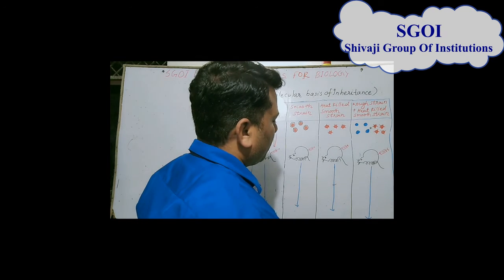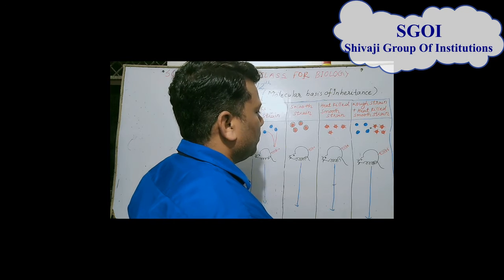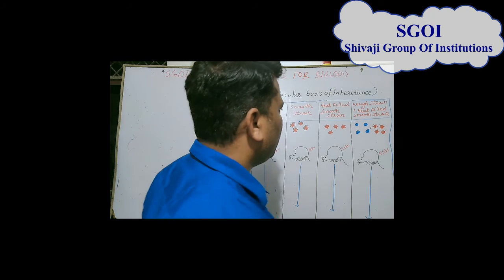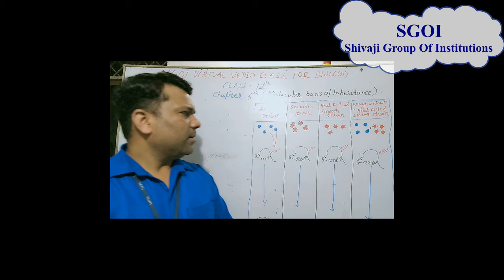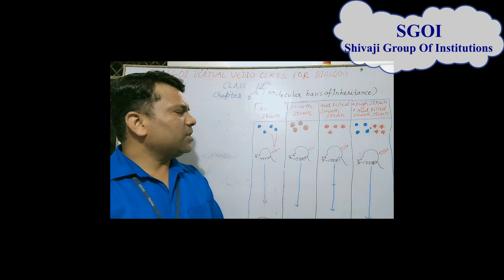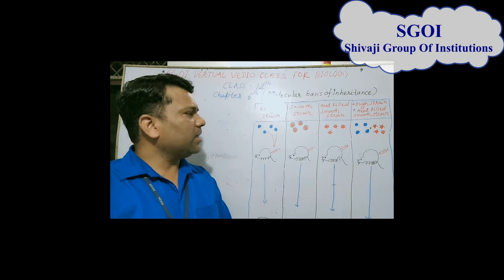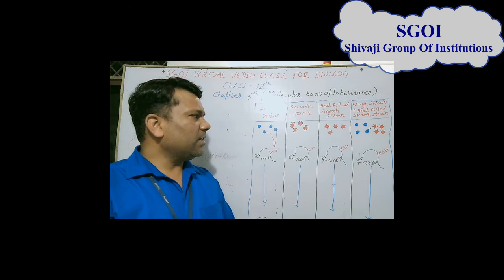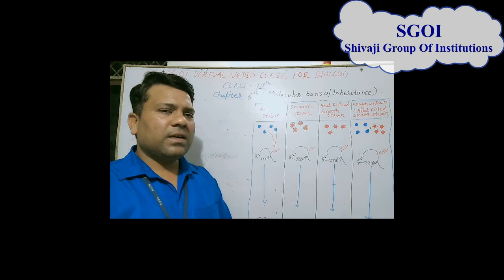The mice will die. So what conclusion comes here? When the heat killed smooth strain and rough strain are taken together and injected into the mice, the mice will die.